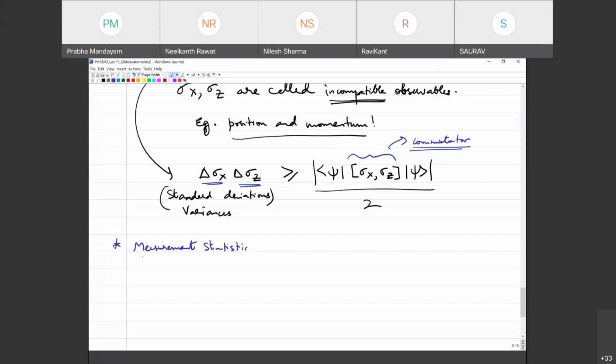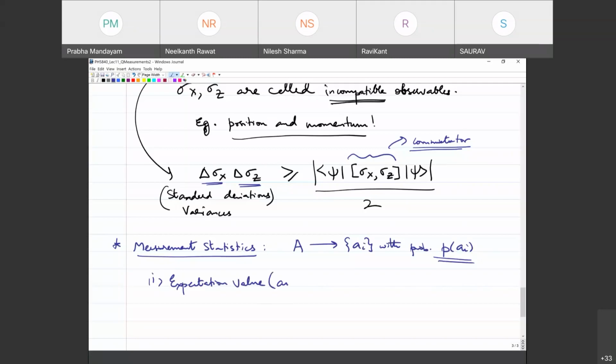We have associated with some observable A a set of outcomes a_i with probabilities P(a_i). When I have a set of probabilities, I can work out a few aspects that characterize this probability distribution. What are the things that characterize this? The first thing that I want to know is the expectation value. You can think of this as the average or the mean value.